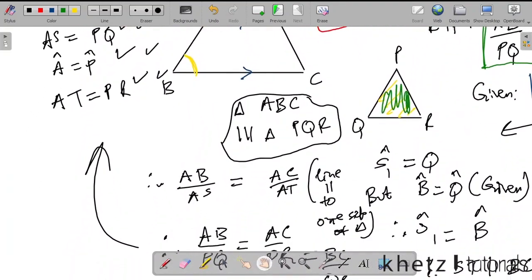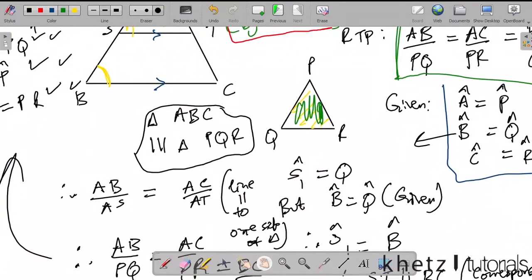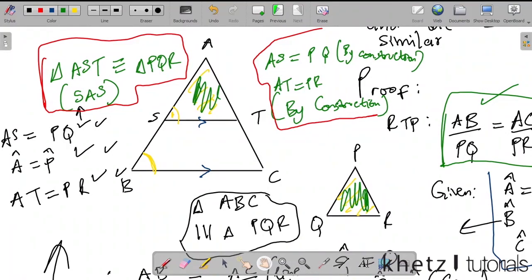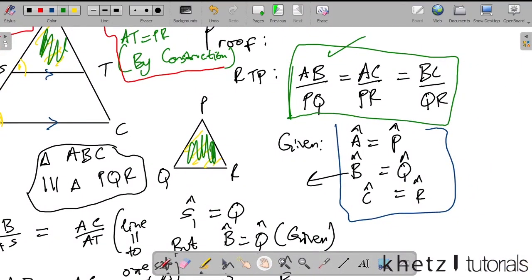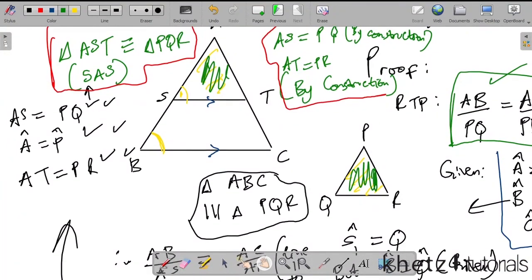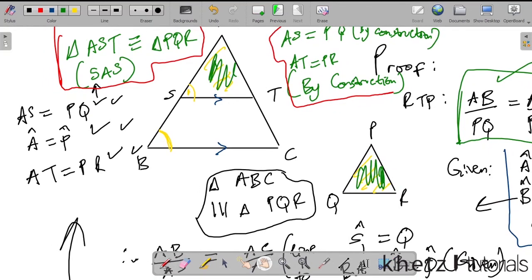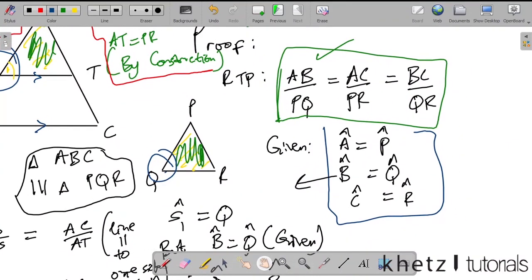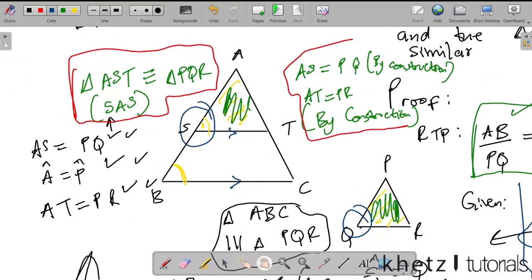And during our analysis, we saw that we can say that S1 is equal to Q, but in the question, we're given that B is equal to Q, which means that S1 is also equal to B. So if this S1 is equal to this Q because of congruency, which we proved, and we're given in the question that B is equal to Q, then we can also say that this S1 is equal to B as well, right?